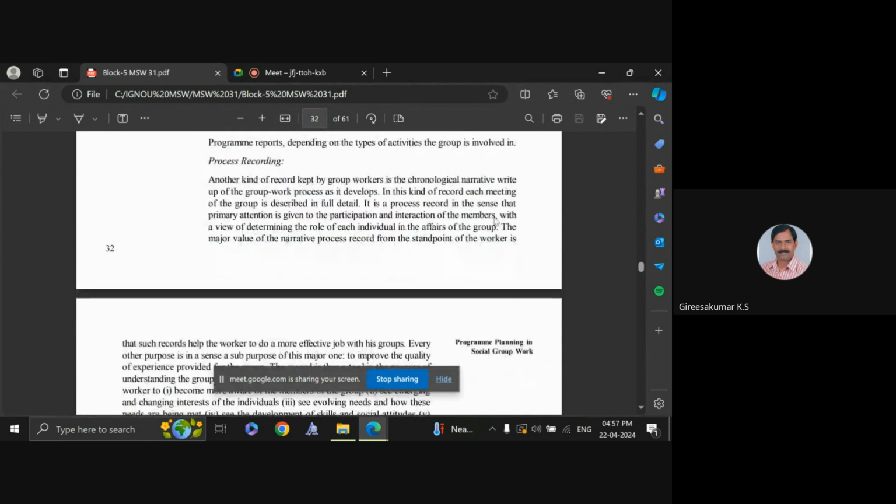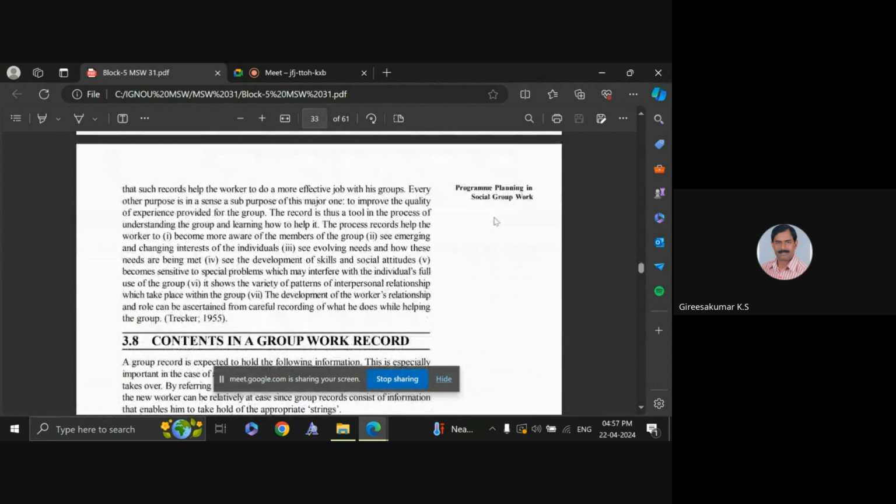Then there should be a chronological order in recording all these things. Why are they recording? It's for effective work with the groups. It should be recorded. It is an effective tool also.